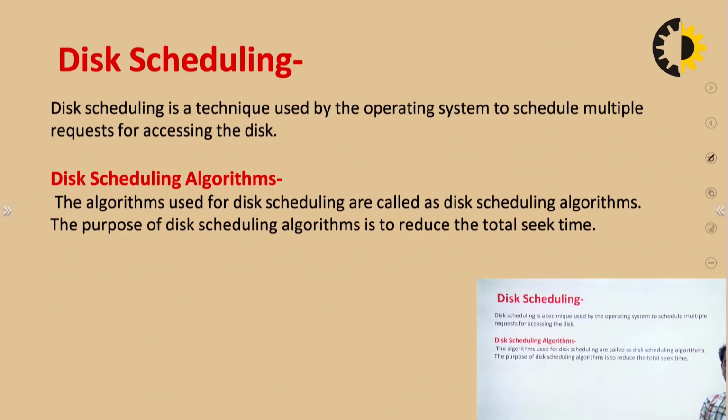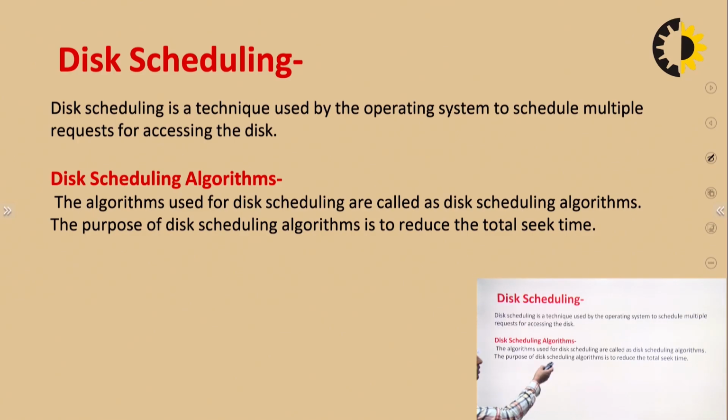Now, different disk scheduling: how to move the head to a particular track. So, different disk scheduling is used. First, disk scheduling is the technique used by the operating system to schedule the multiple requests for accessing the disk, and the algorithms used for disk scheduling are called disk scheduling algorithms.